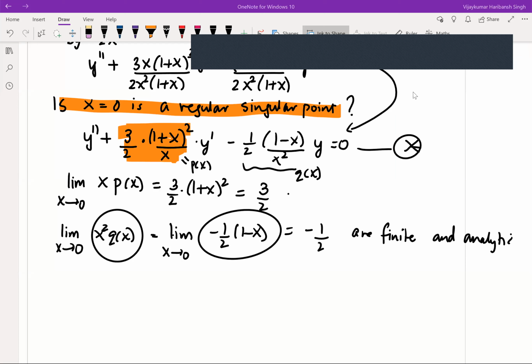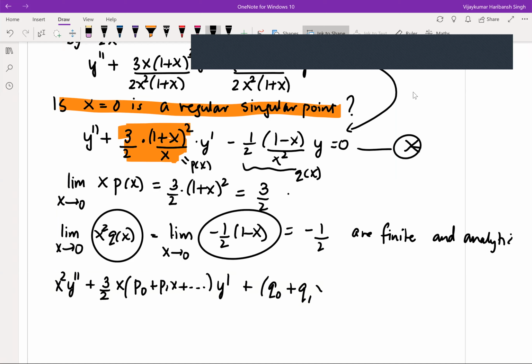So when I write down the corresponding Euler equation, I get x y double prime plus 3 by 2 x times p0 plus p1 x y prime plus q0 plus q1 x y equals to 0.